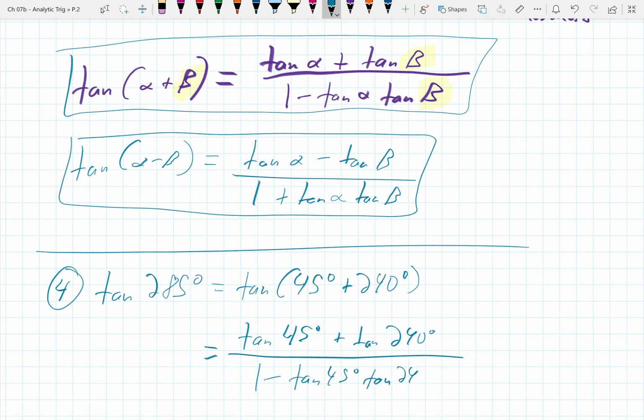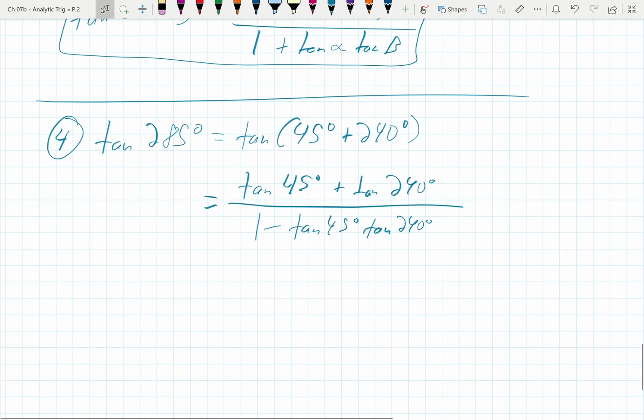And we get to here. So now it's just a matter of making sure you get the trig right, which is going to be crucially important that you have your trig completely mastered to get these. Tangent of 45 is the tangent of that angle, which we know to be 1.